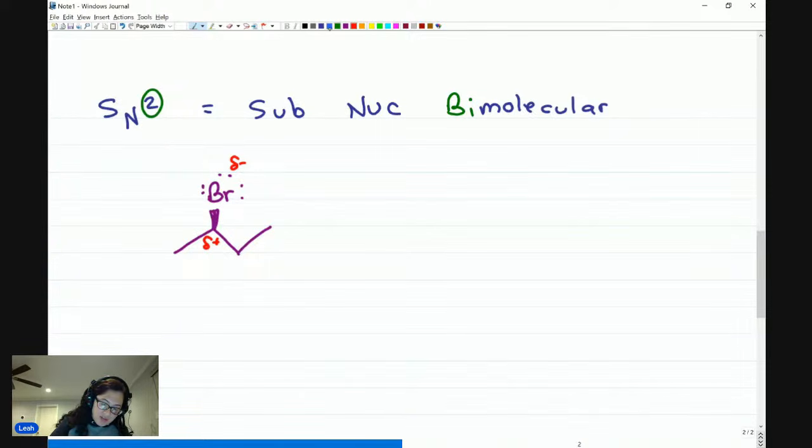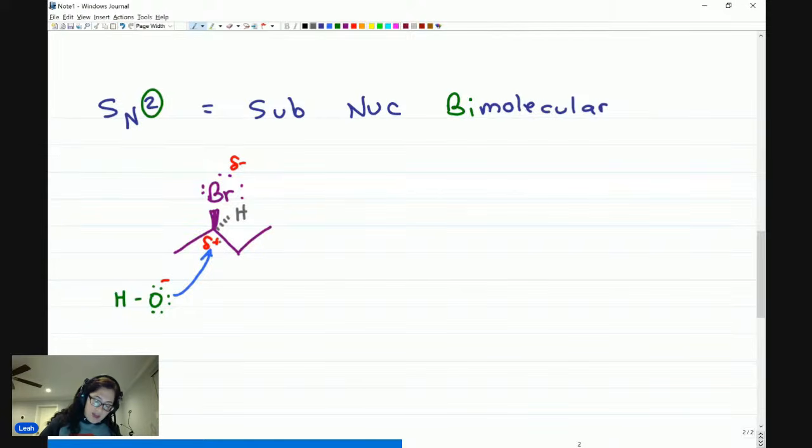So partially positive that if I bring a molecule nearby, specifically a molecule that is highly electronegative or straight up negative, like an OH minus, which we'll use in this case, that negative oxygen is attracted to the partially positive carbon and attacks. When it attacks, it'll form a bond between itself and carbon, which would give carbon too many bonds, because don't forget, I also have a hydrogen atom, which is invisible in line structure, but it is definitely still there.